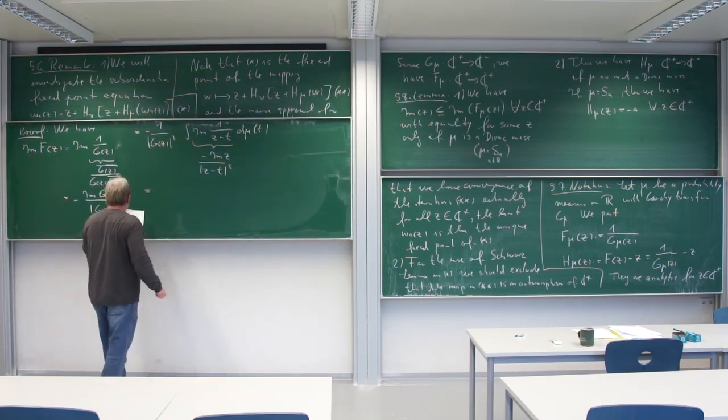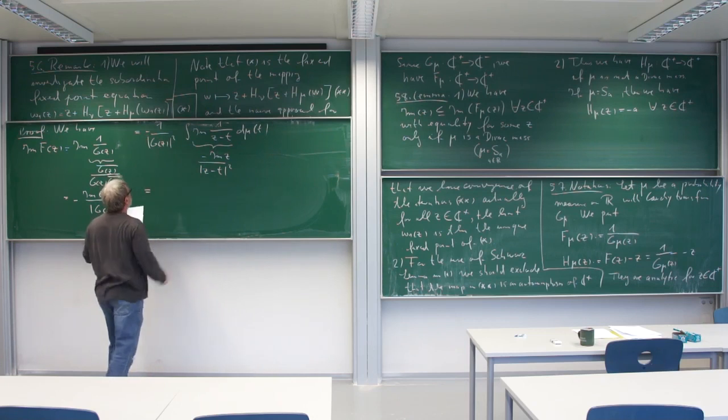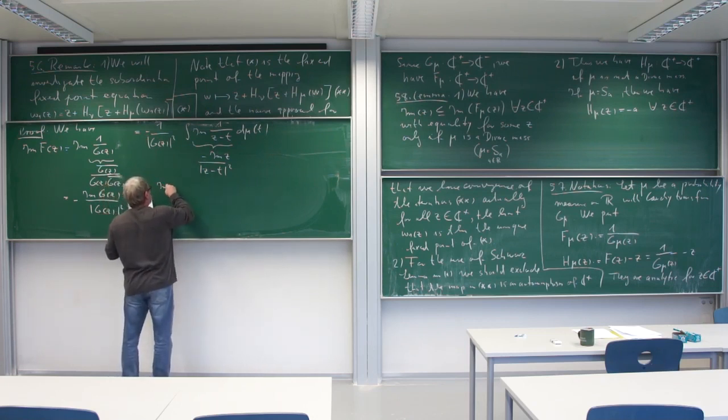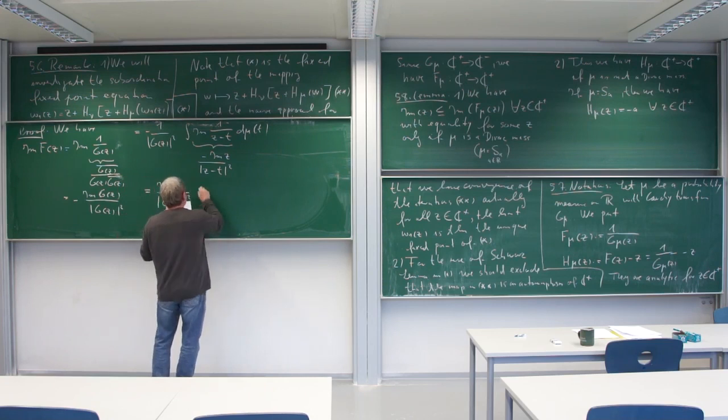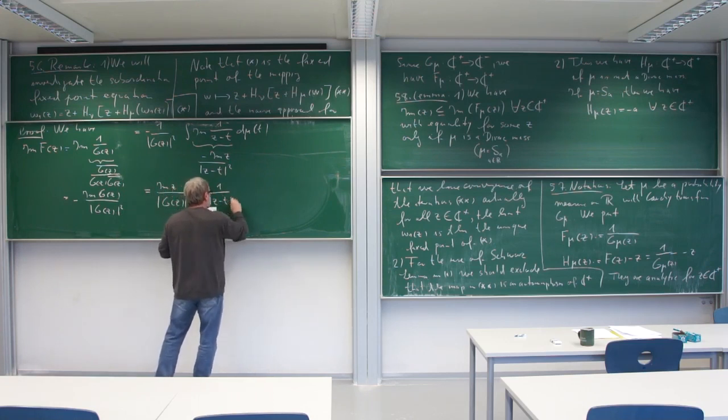Okay, so in the end, I have a minus here and a minus here, so this cancels. I have the imaginary part of z divided by g of z squared multiplied with this integral. I mean, this goes out, so I have 1 over z minus t squared d mu of t.